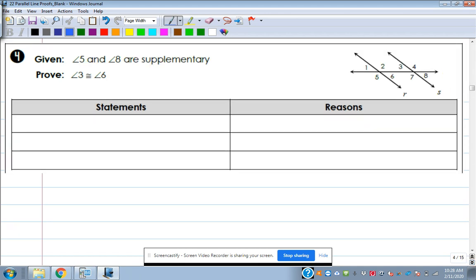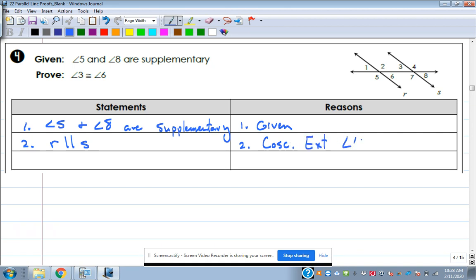4, another short one. It says angle 5 and 8 are supplementary, so I'm going to do that first. Angle 5 and 8, given. And then, all right, so you're saying that R and S are parallel because those are what? Consecutive exterior angles converse.